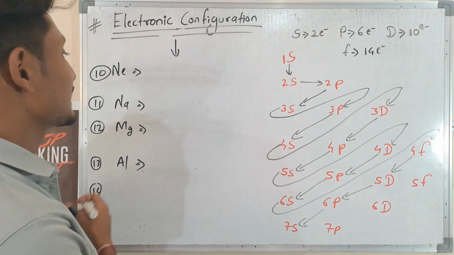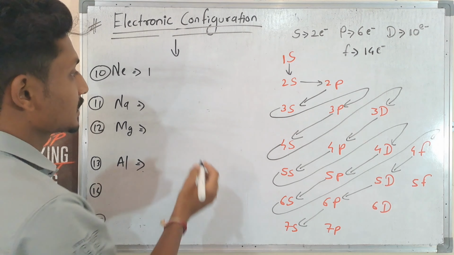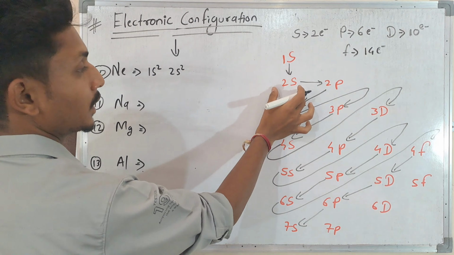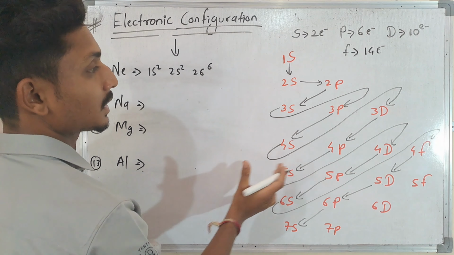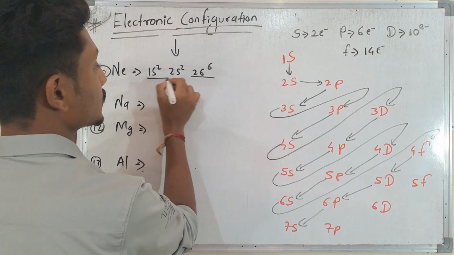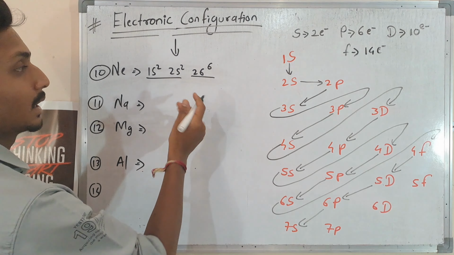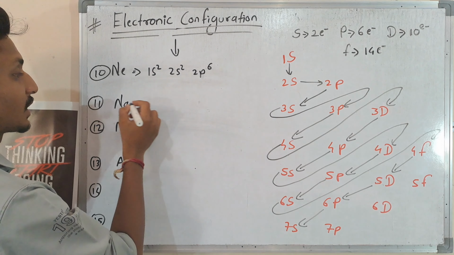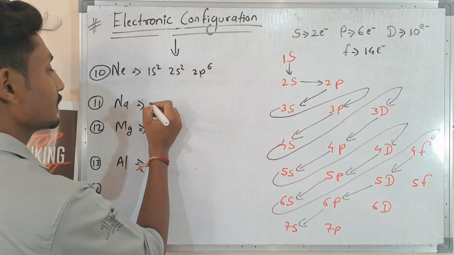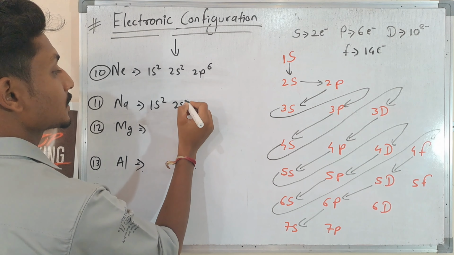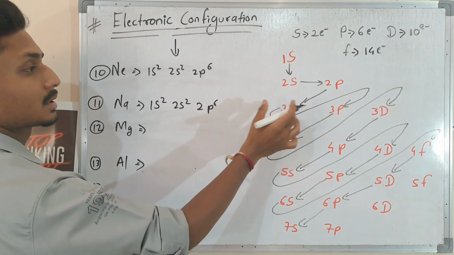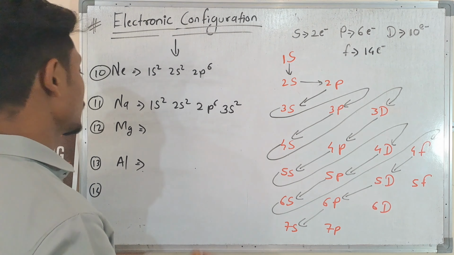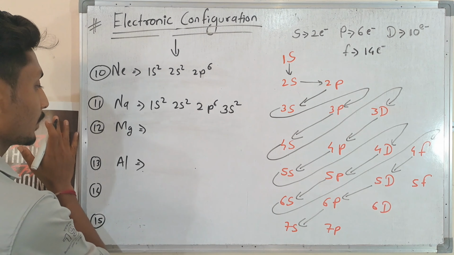Neon's electronic configuration will be 1s2, 2s2, 2p6, which is 2 plus 2 plus 6, 10 electrons. Then for sodium it will be 1s2, 2s2, 2p6, then 3s1. Then for magnesium it will be 1s2, 2s2, 2p6 and 3s2.